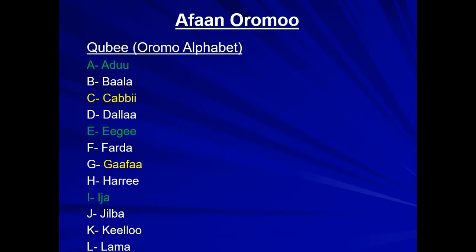For example, the first one is A, not the A we know. E, this one is not E actually. It is A in Oromo. So this is the A sound in English, but we call it A. But this one is E in English, but it is A in Oromo.